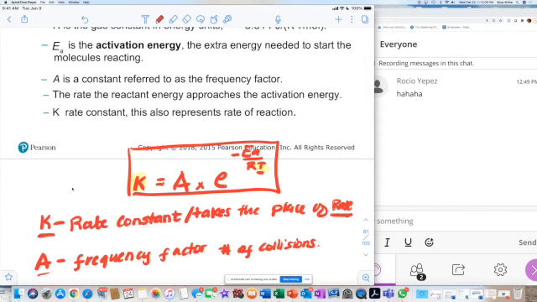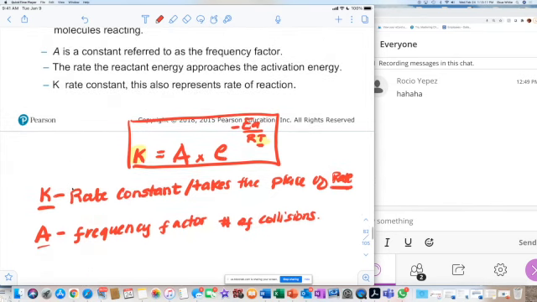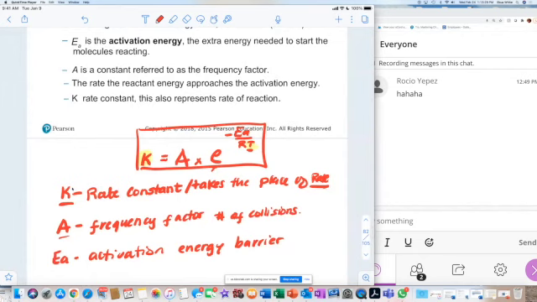Most of our instruments in the lab are very simple. Of course, e is the natural log base, so I won't even define that. Ea is the activation energy barrier. That's the energy requirement the molecules have to reach in order for the reaction to happen, right? That's activation energy.